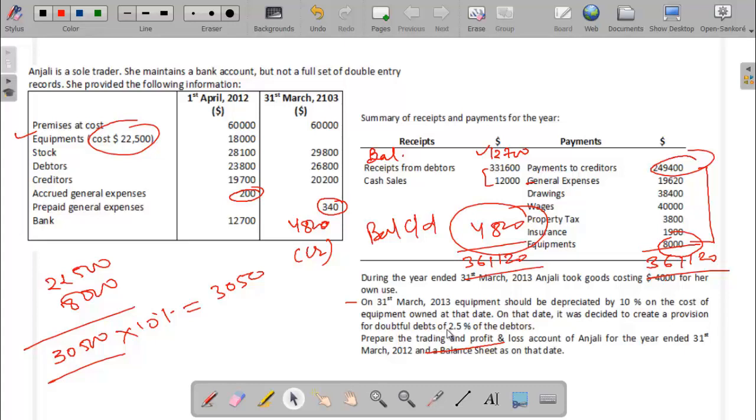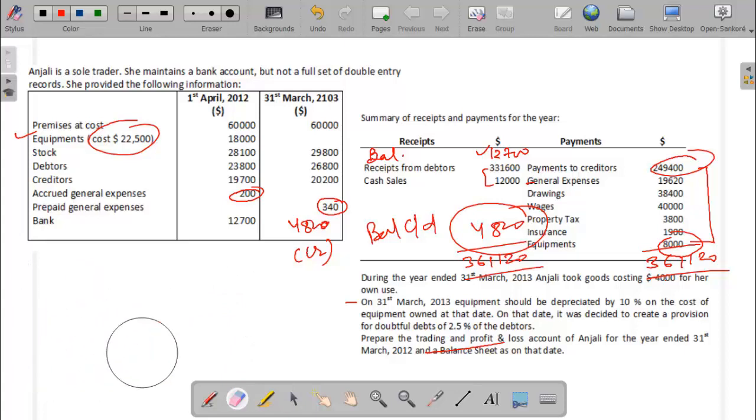After depreciation, one more thing: it was decided to create a provision for doubtful debts of 2.5% of the debtors. So now we need to create provision for doubtful debts. Let's see, on the last day the amount of debtors is 26,800. So 26,800, and it's 2.5%.